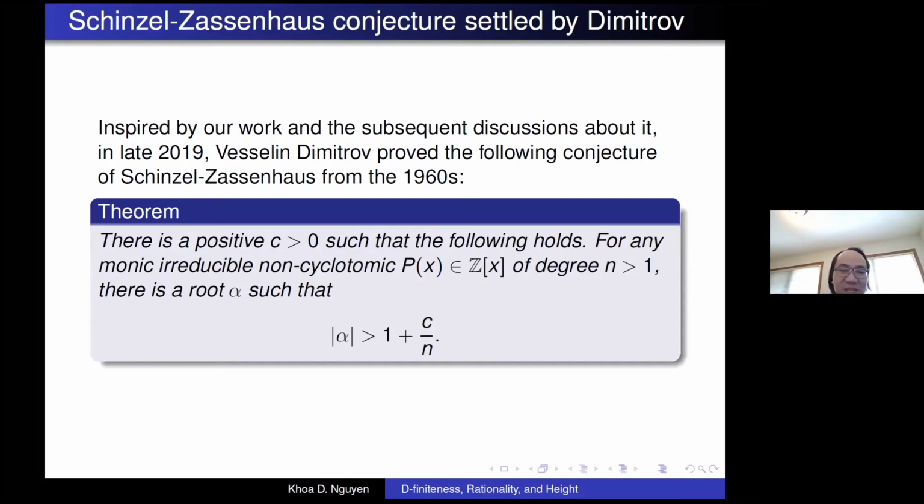He asked us about this, and after some discussions he came up with a very beautiful proof of the so-called Schinzel-Zassenhaus conjecture. We conjectured the following, and he proved it eventually. Here's the problem: you consider a monic irreducible polynomial with integer coefficients of degree n greater than 1.